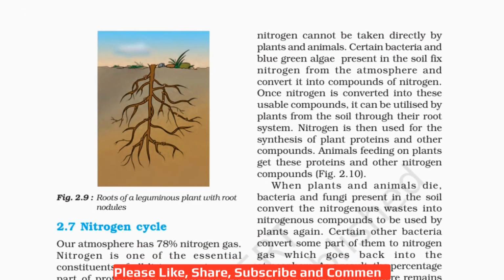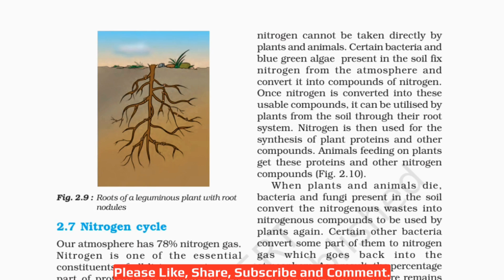So, certain bacteria and blue-green algae present in the soil fix nitrogen from the atmosphere and convert it into compounds of nitrogen. Once nitrogen is converted into these usable compounds, it can be utilized by plants from the soil through their root system. Nitrogen is then used for the synthesis of plant proteins and the other compounds. Animals feeding on plants get these proteins and other nitrogen compounds.